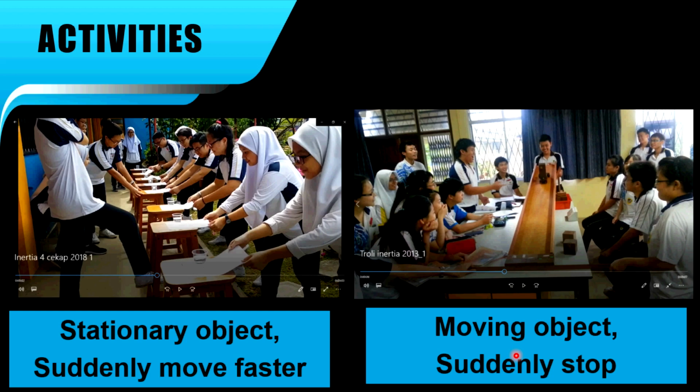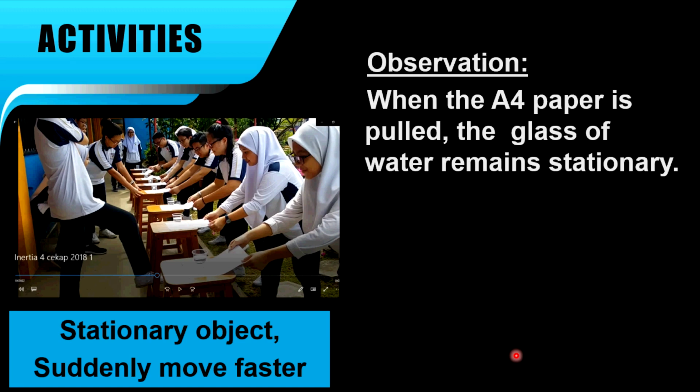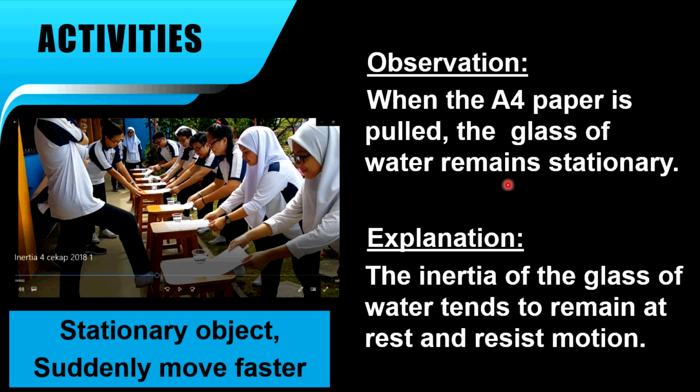How was that? Isn't it interesting? So now, let us discuss the observation and explanation for both activities. For the first activity, what is your observation? When the A4 paper is pulled, the glass of water remains stationary. How do we explain this? This relates to inertia.